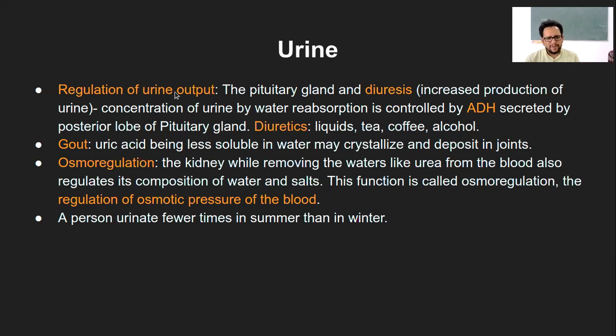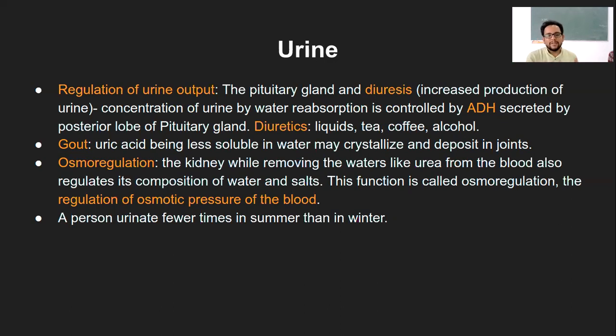A very small topic, that is regulation of urine output. It is usually done by the pituitary gland, which secretes anti-diuretic hormone. Now, diuresis is the process where increased production of urine happens.